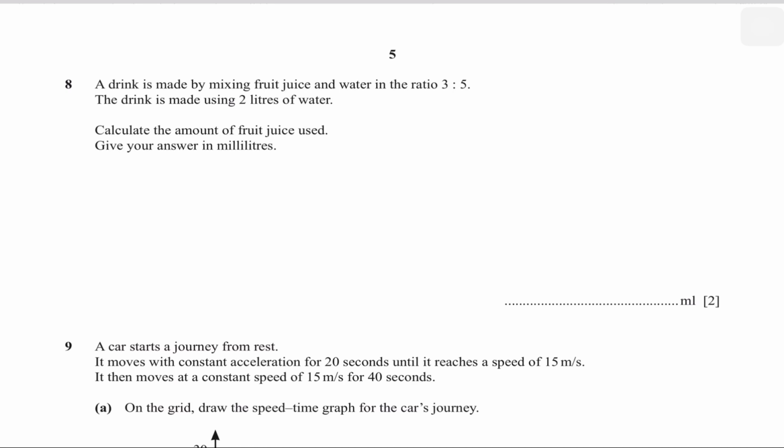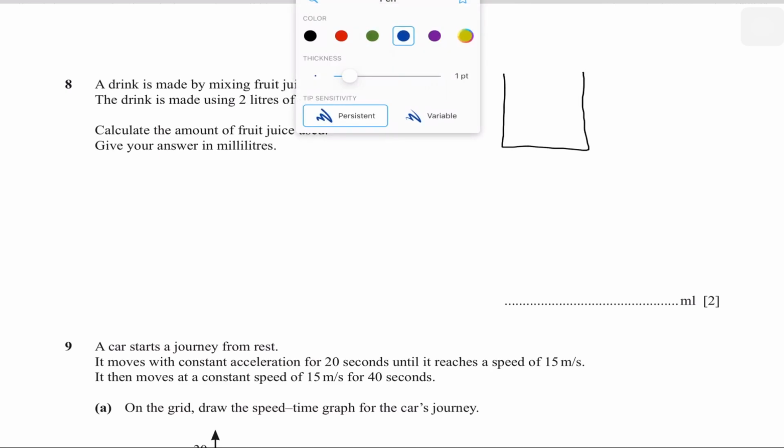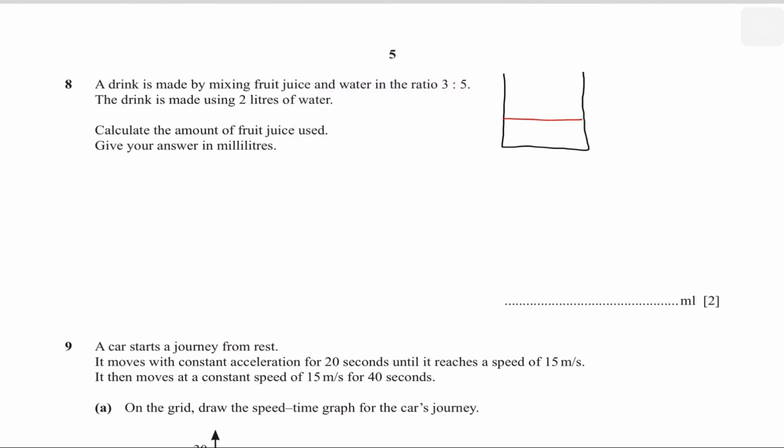Okay. So if I were to illustrate this, let's say here's a glass of juice, right? And in it we are mixing it. Here's a glass of the drink that we're talking about, and this is made by using fruit juice and water in the ratio 3:5. So that means the juice in this is 3 parts. So you can say that this part is juice and this part is water.